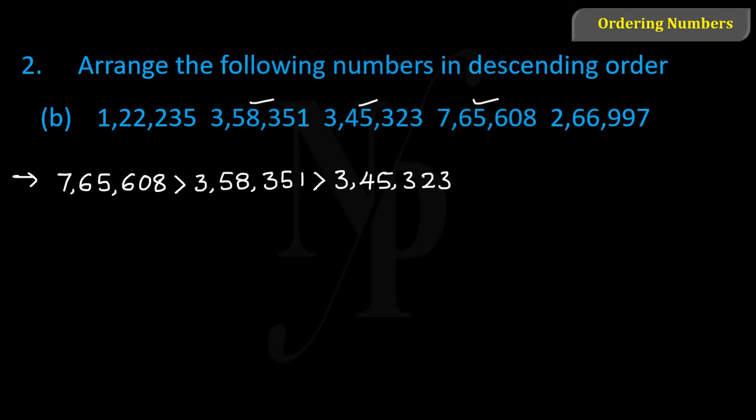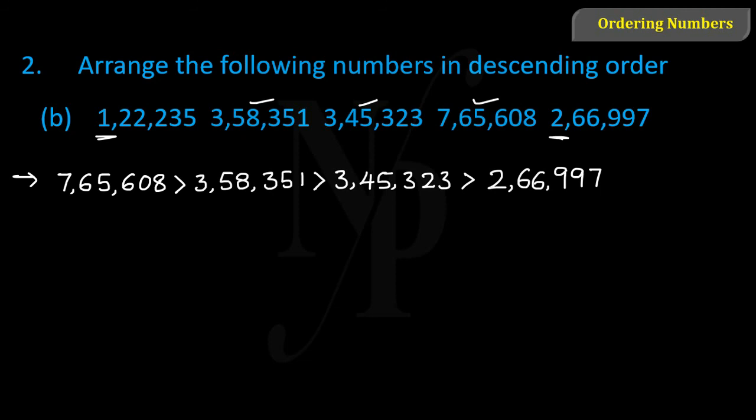Among the remaining two numbers, so we will see we have 2 here in lakhs place and 1 here in lakhs place. Therefore, 2,66,997 is the next greatest number. So put a greater than symbol here. Write down 2,66,997.